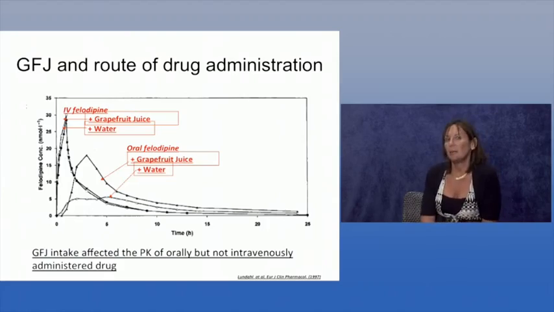So I'm going to spend a little bit more time here, and I'm going to show you 3 sequential examples of how this interference in metabolic pathways, specifically CYP enzymes, can impact how much drug ends up in circulation or remains in circulation, dependent upon the bioavailability of the drug and where the alteration in metabolism occurs.